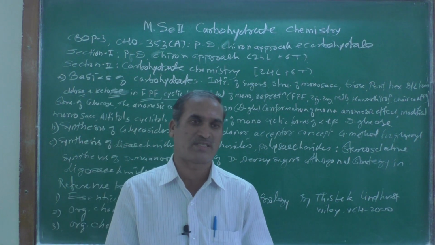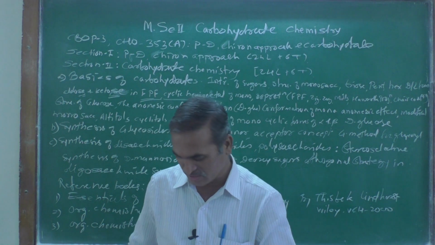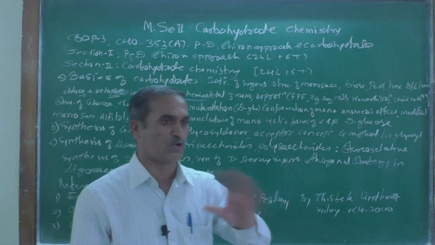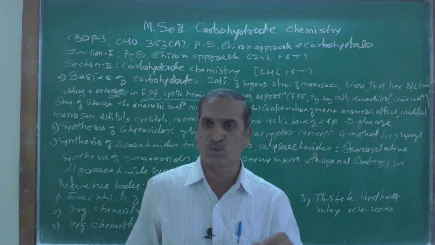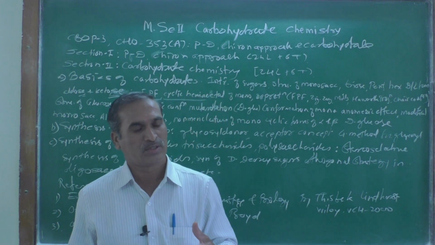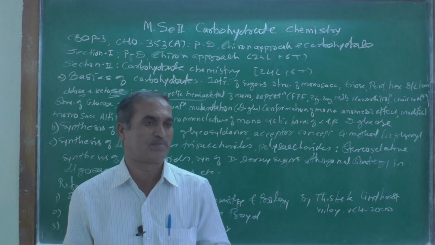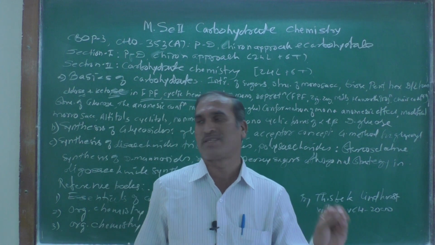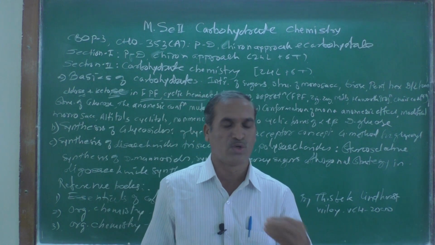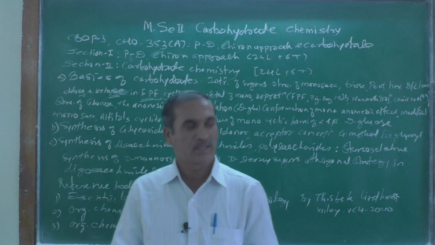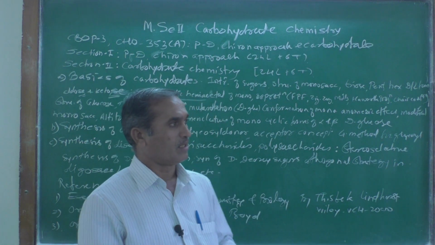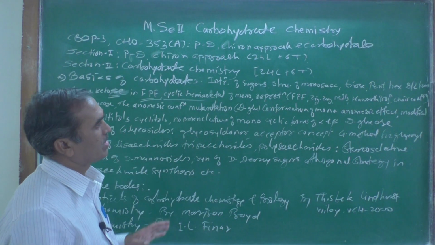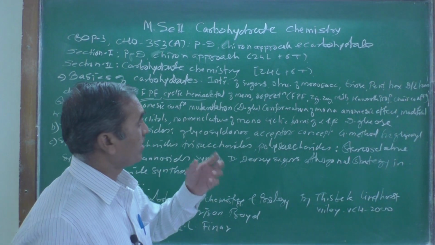On hydrolysis they produce the sugar unit. So monosaccharide does not get hydrolyzed, because it is one of the simplest sugar units. There are different examples we are going to learn.